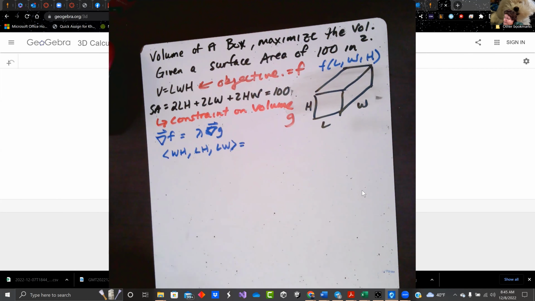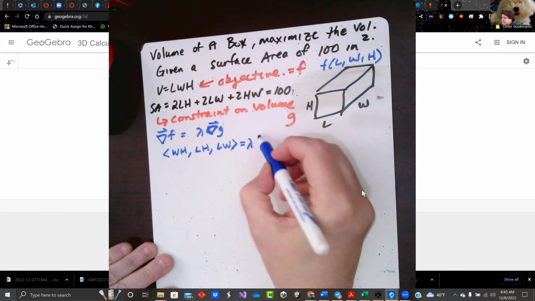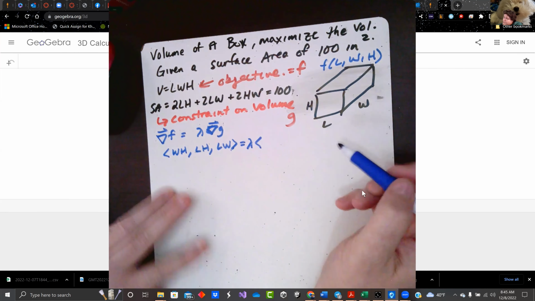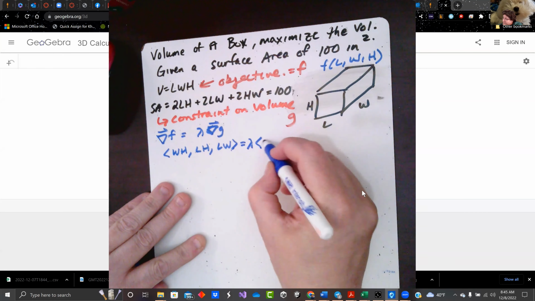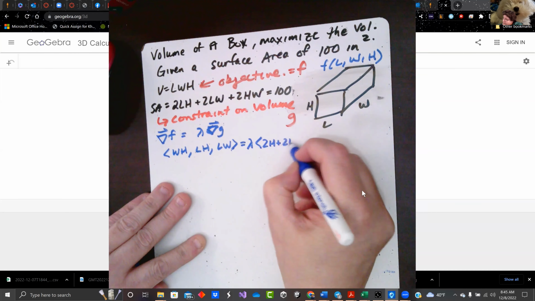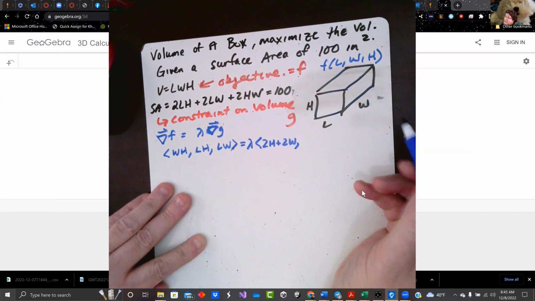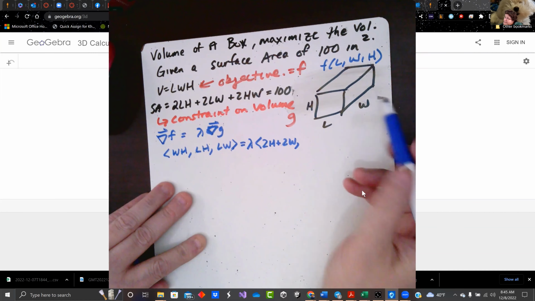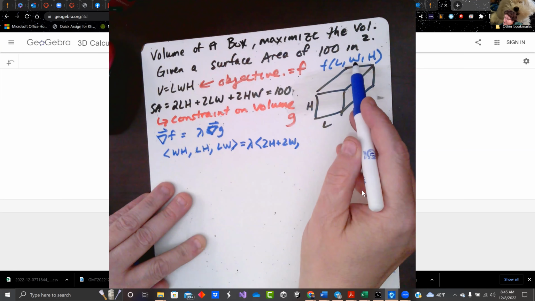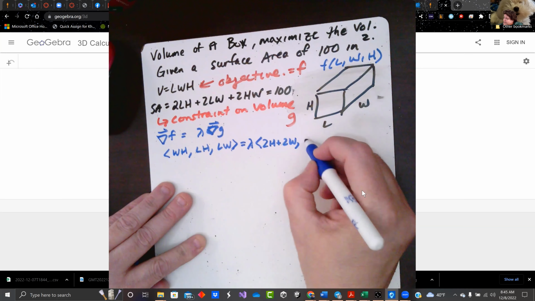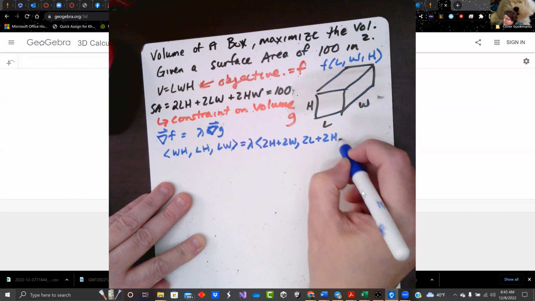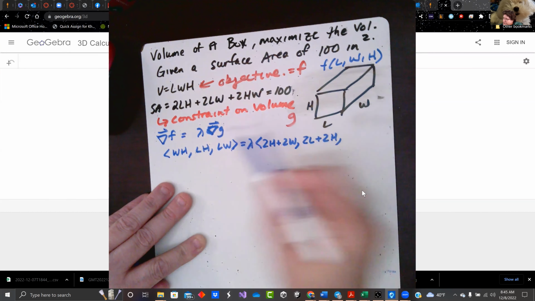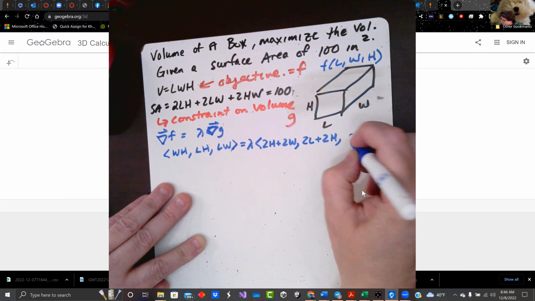On the right side, we have lambda times the derivative with respect to L first, which is 2H plus 2W. With respect to W, I've got 2L plus 2H. And with respect to H, I get 2L plus 2W.